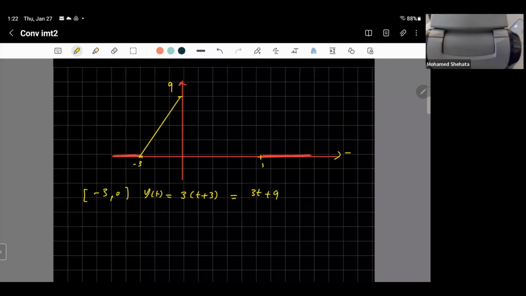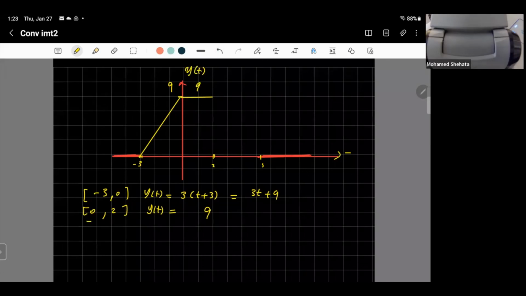I go for the second interval, and that's from 0 to 2. The function y of t was equal to 9. So from 0 up to 2, it will be just fixed, equal 9. I'm sketching, I'm sorry, not y of t, 9.